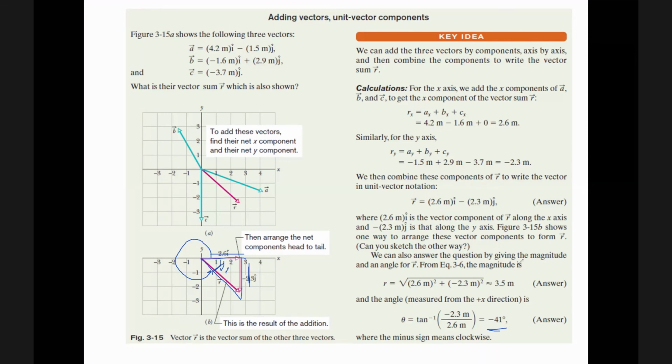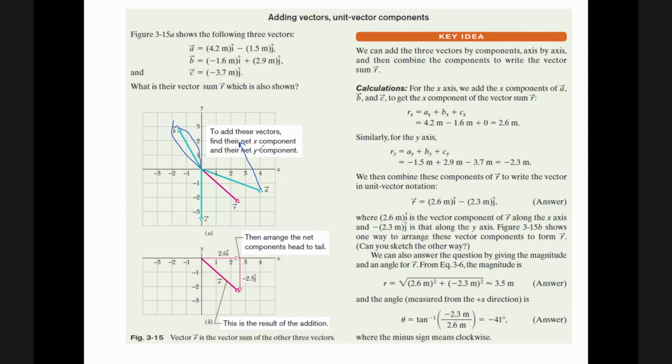Now I owe you something. We need to do it graphically. This is vector A, let's add them. This is vector B, I drag it as is to the tip of A. Notice what I did, I just dragged this here.